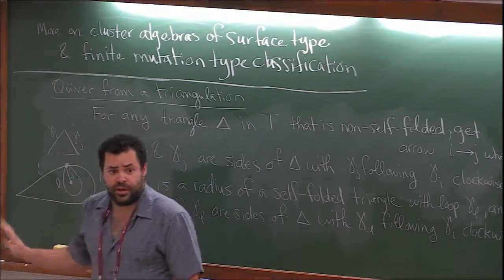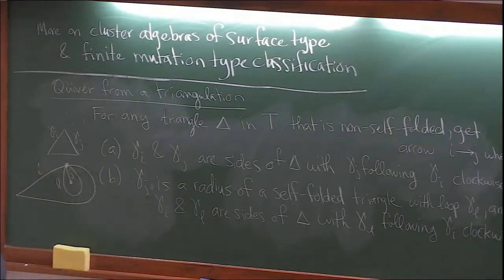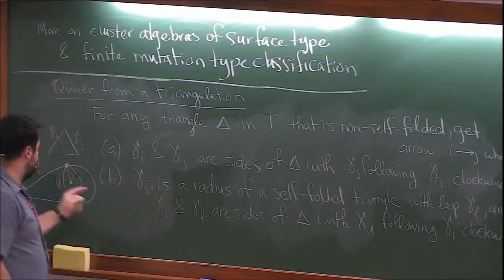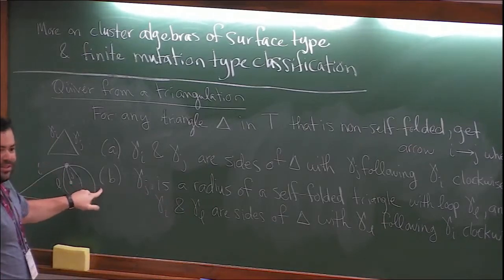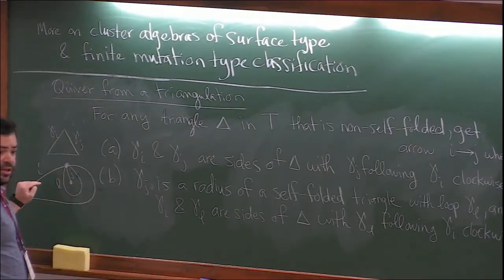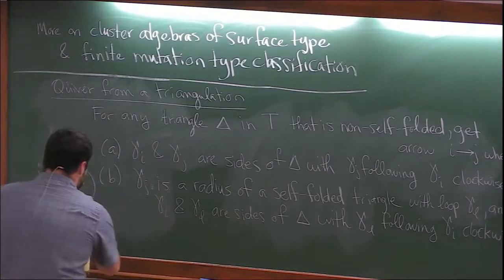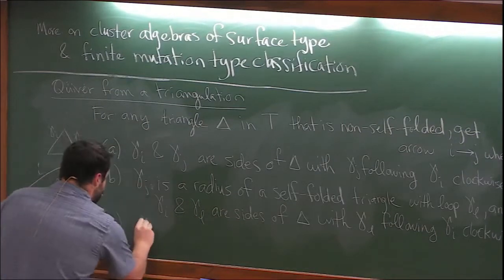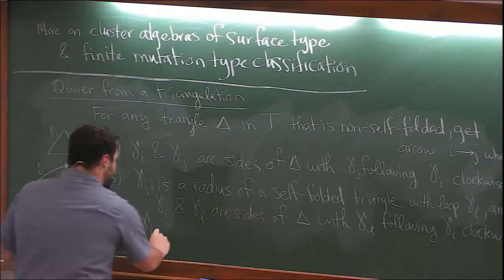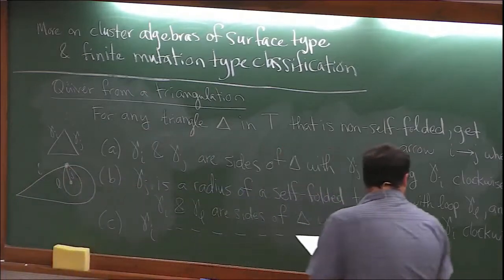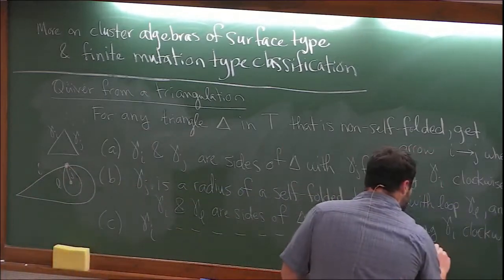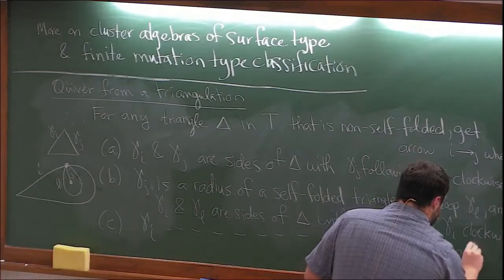And there's one other case that's like this one, but it tells me sort of what to do with this boundary edge. So I'm going to write this down, but it's pretty much the same. So I'm going to skip a lot. So gamma i is a radius of a self-folded triangle with loop gamma L, same as before.